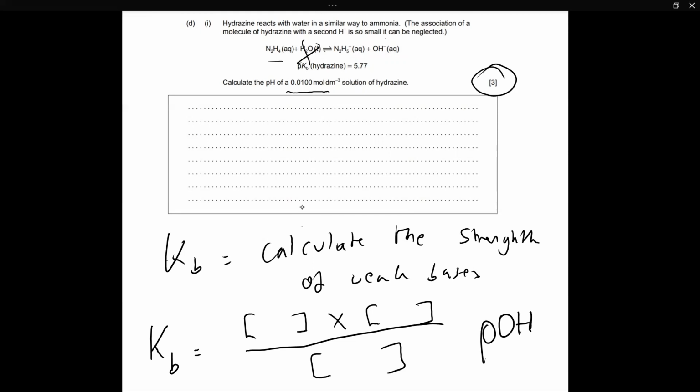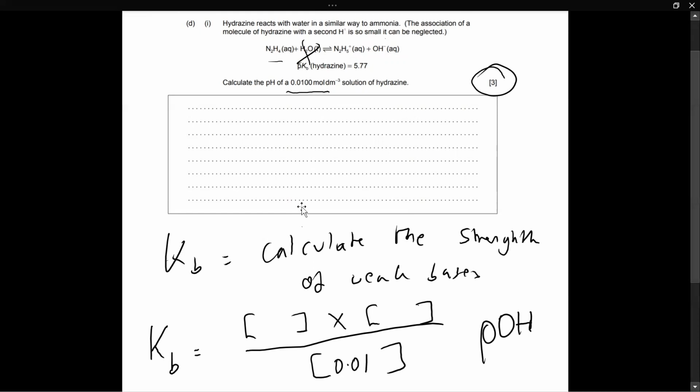We ignore H2O. We don't take H2O into account for this. And what is the concentration of N2H4, which is hydrazine? They've told us. The concentration of N2H4 is 0.01. So we can put 0.01 over here.